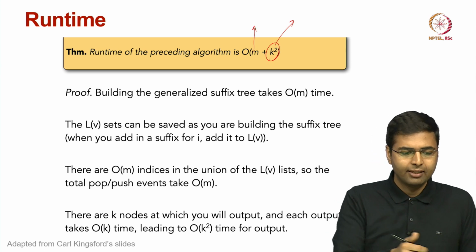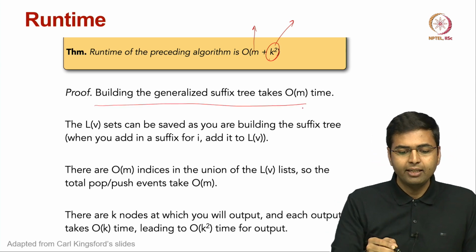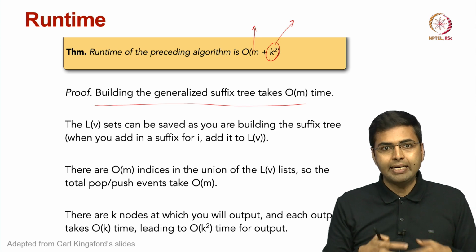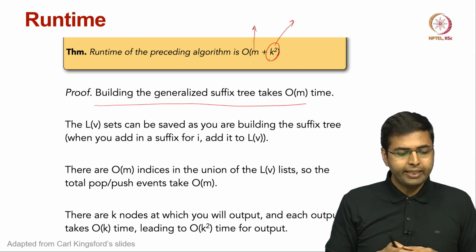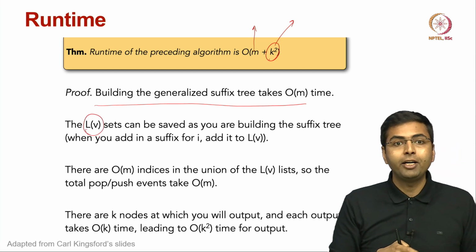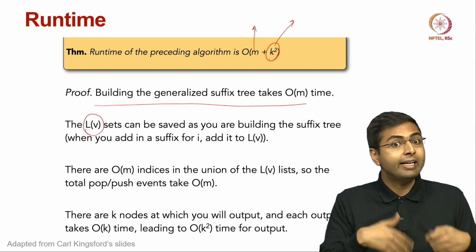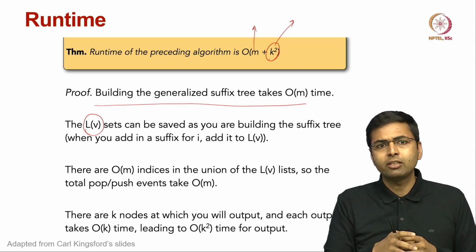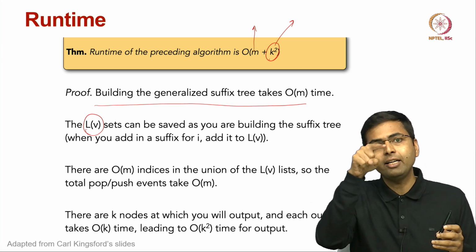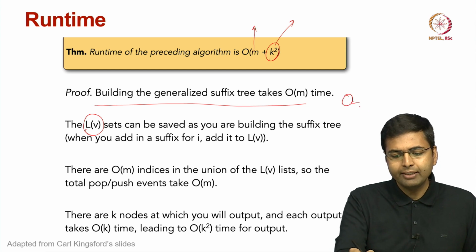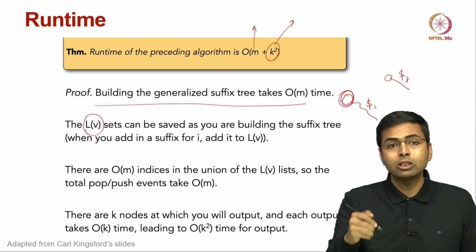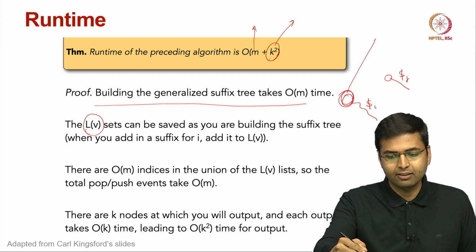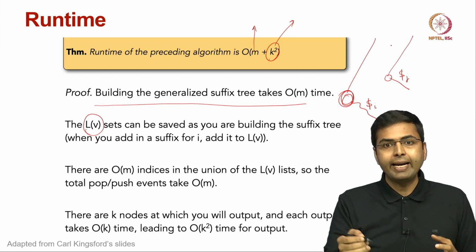So, here is the analysis. Building a generalized suffix tree takes order m time, because that is the standard result, that suffix tree construction takes linear time. Now, these LV lists can be computed either during or after tree construction, because we can do a linear time traversal of the entire tree, and at any node where we see a $i or $j symbol hanging, we know that this node corresponds to a complete suffix of Si and Sj respectively.